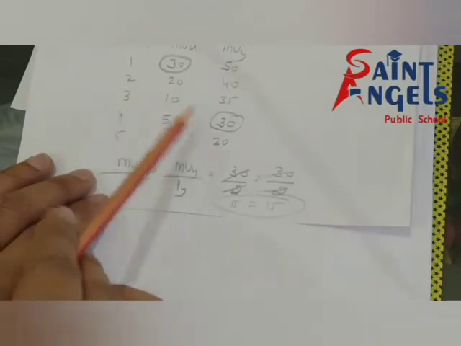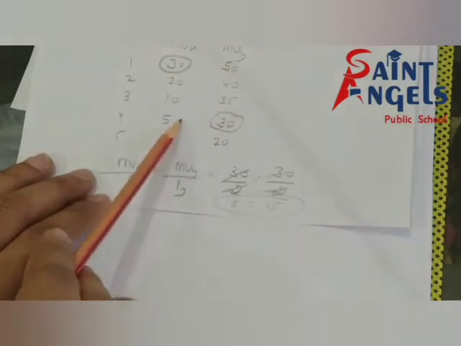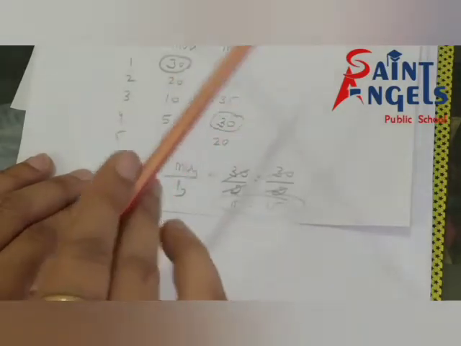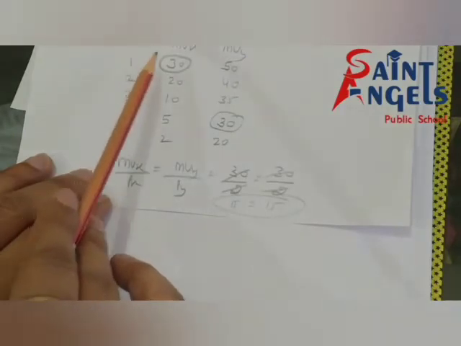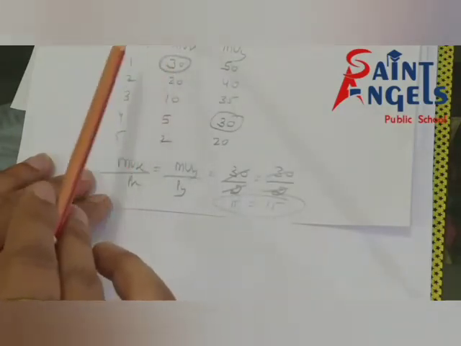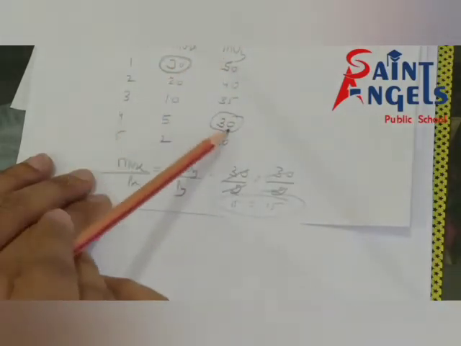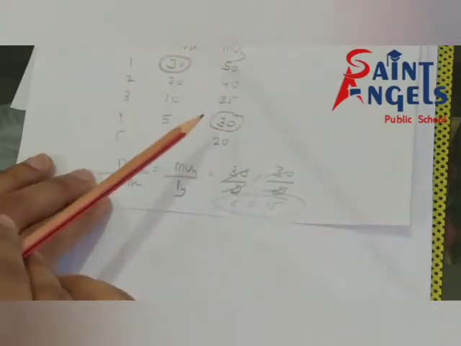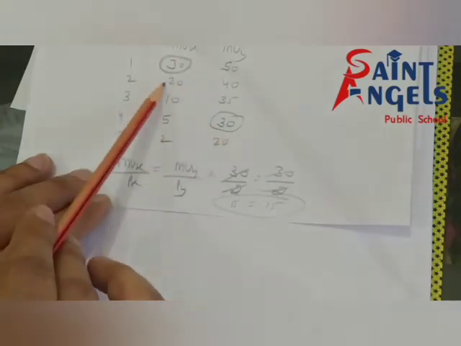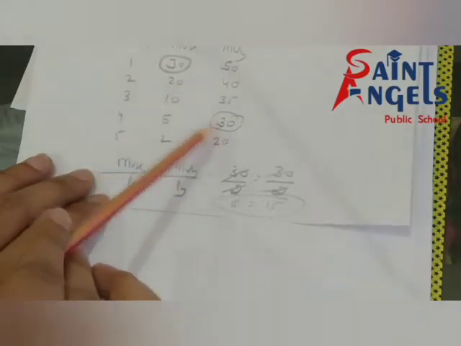This table is showing consumer equilibrium when the consumer purchases 1 unit of good X and 4 units of good Y. But you may ask me, sir, both are also equal here.